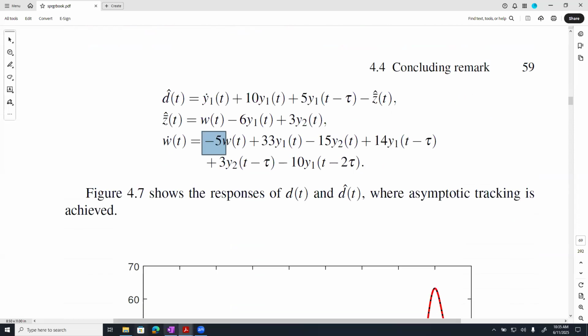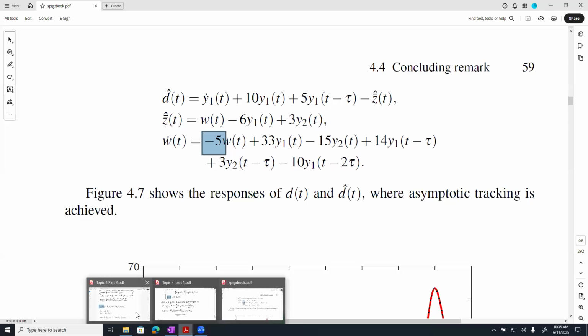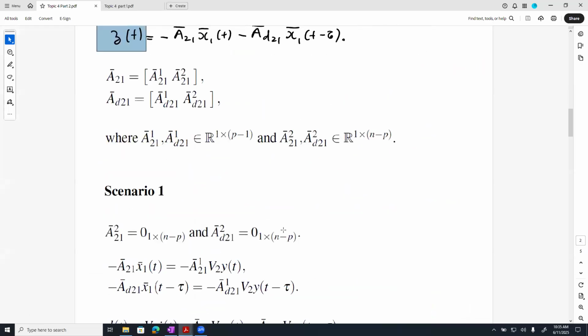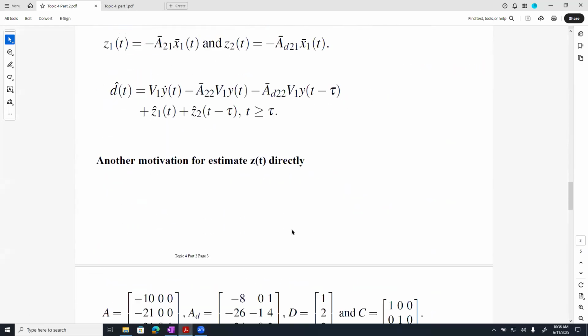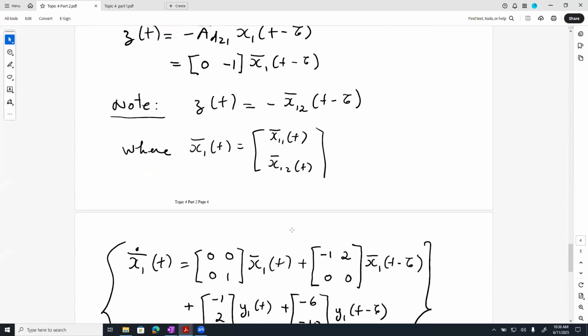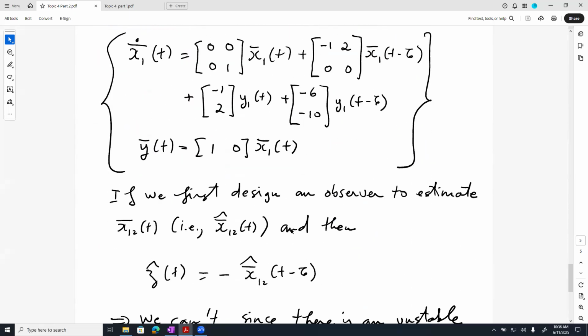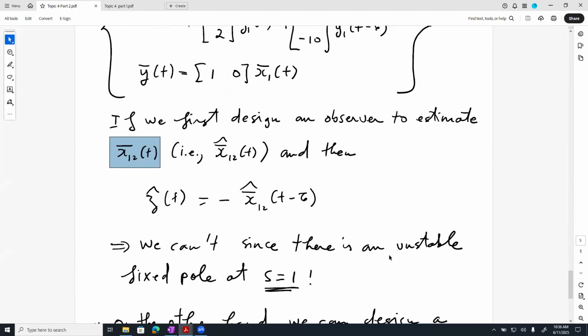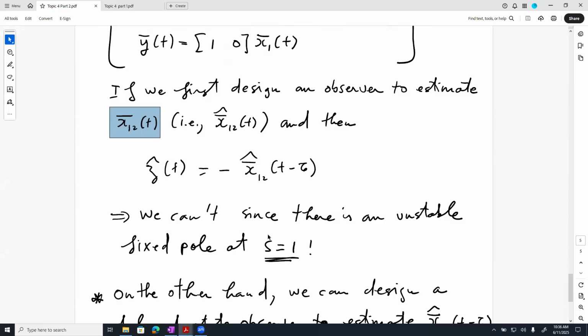So the distinct difference here is that for this particular example, when we want to estimate this unknown stack variable first, instantaneously, we can't do it because there is an unstable fixed pole at one. So we get an unstable observer if we employ an observer without internal delay.